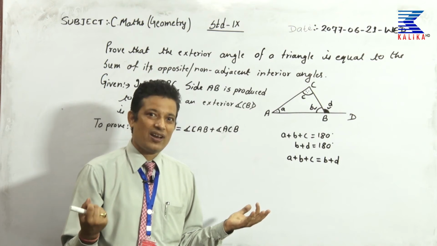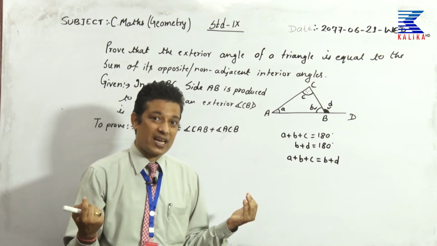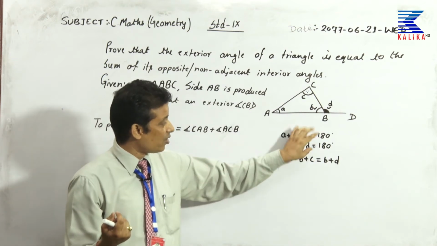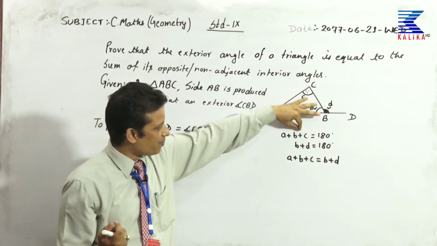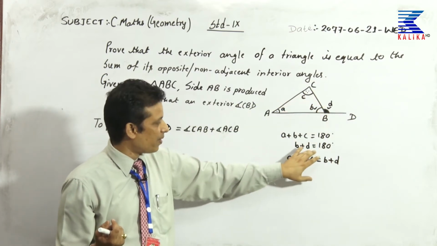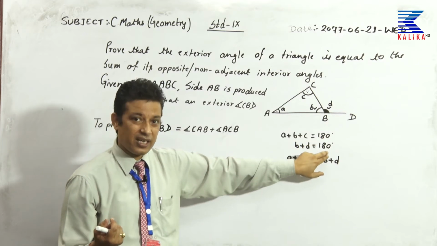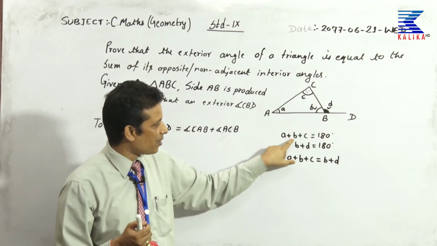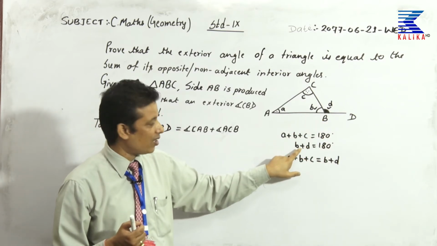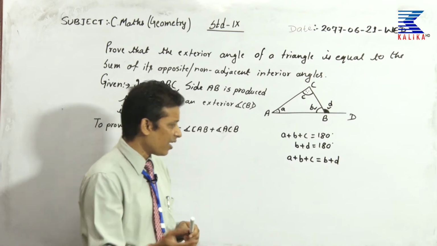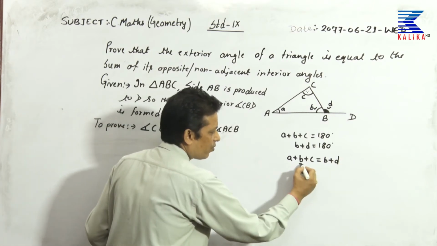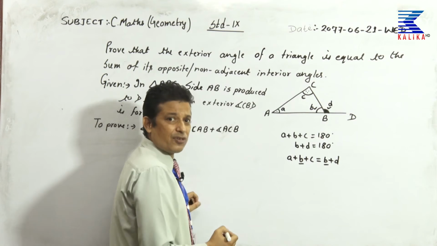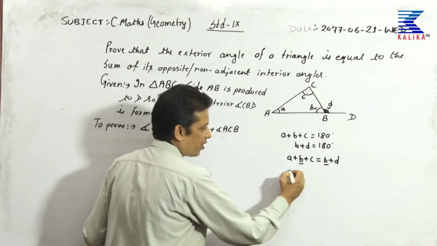This is the equal axiom, like we discussed about the axiom. This is known as equating from statements 1 and 2, a plus b plus c, b plus d, both are equal to 180 degrees. Therefore, we can say that a plus b plus c should be equal to b plus d. And in algebra, you have already simplified. From both sides, if you subtract b from both sides, what do you get?